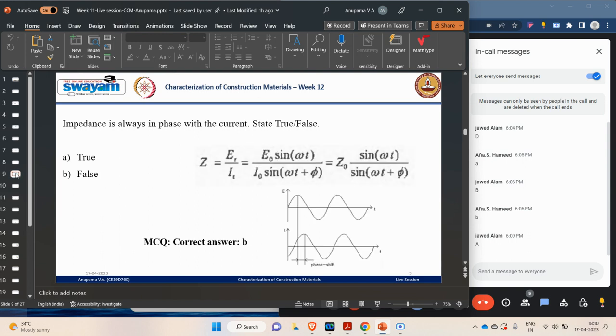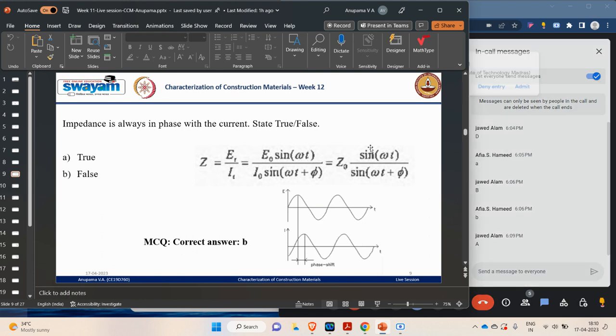The correct answer is false. So here is the expression for impedance Z. It is like an effective resistance when our circuit has not just resistance but also reactance.